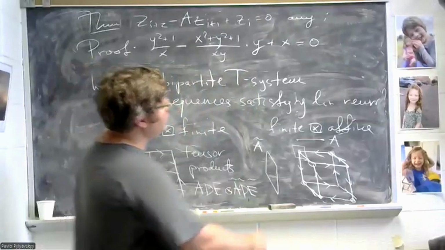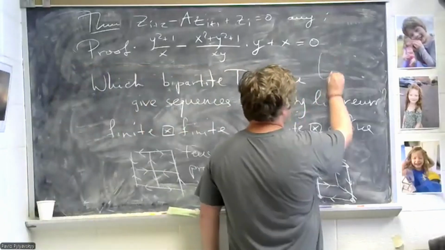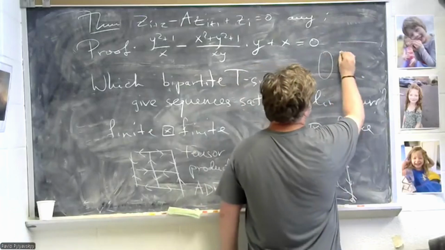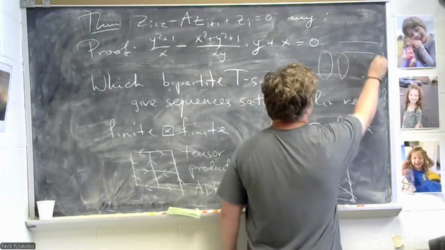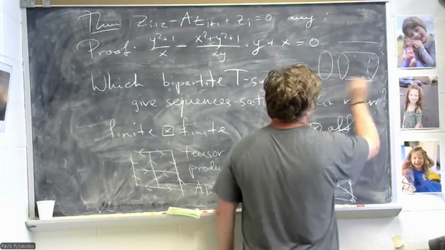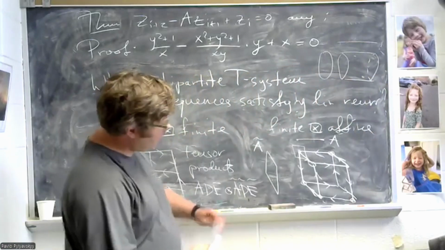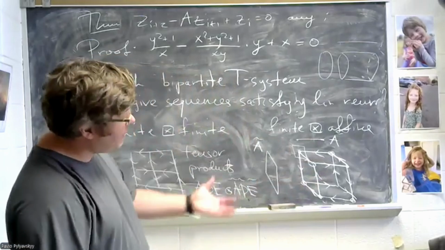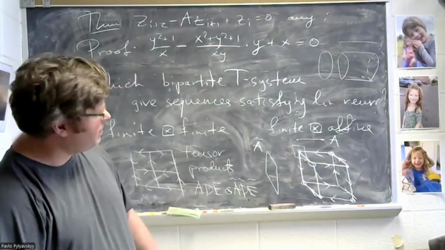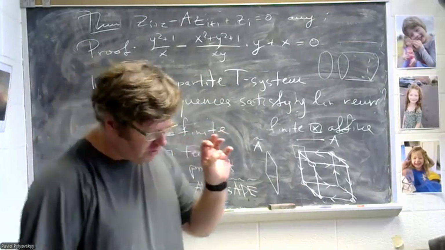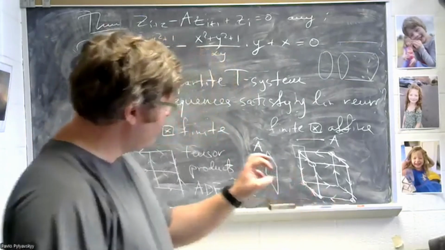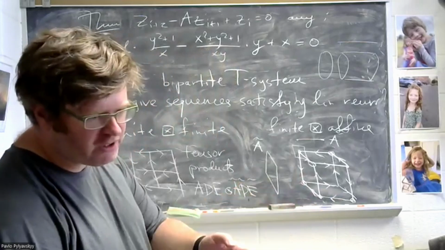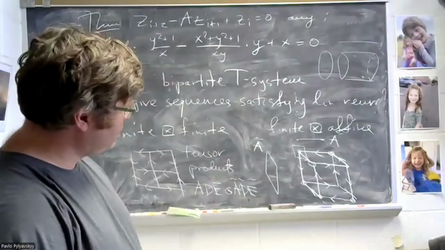So in this case, this looks like a cylinder. Affine type A looks like a circle. Finite type A looks like a line. So quivers here look like a square grid on a cylinder. For those, we found some way to prove that it works: at each vertex, if you record the sequence there, it will satisfy a linear recurrence.